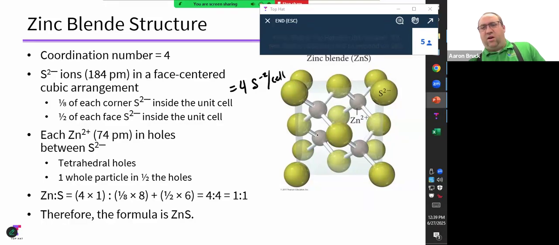Each of these zinc are in a tetrahedral hole, so their coordination number is 4. For zinc, 4 per cell. And so again, 4 to 4 is the same as 1 to 1. Our empirical formula is ZnS.